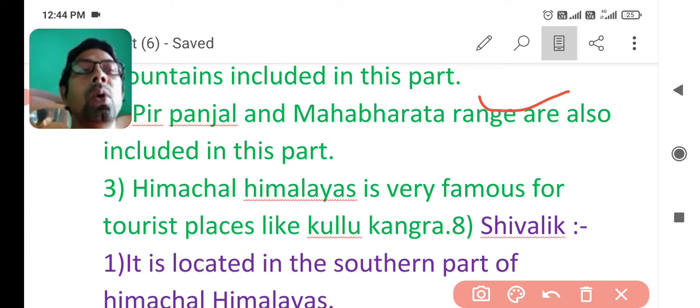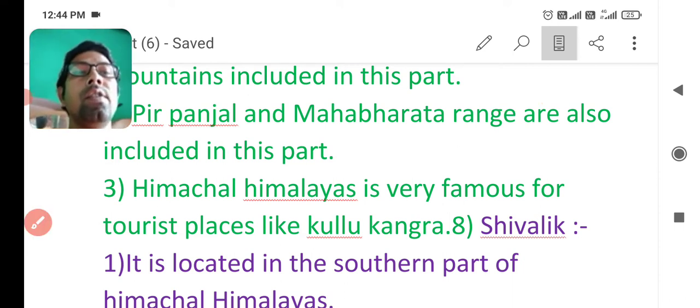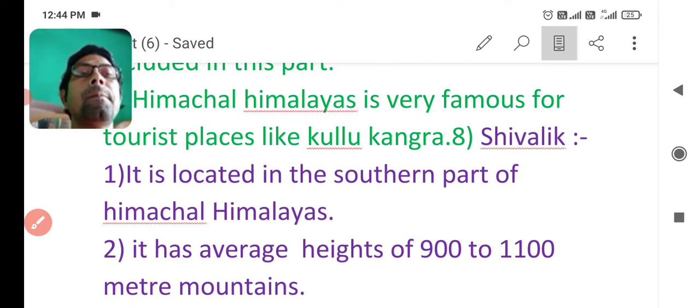I think you got the point easily. You know that Himachal Himalayas is very famous for tourist places like Kullu, Kangra, and others like Manali. I think you got the second point also about Himachal Himalayas.